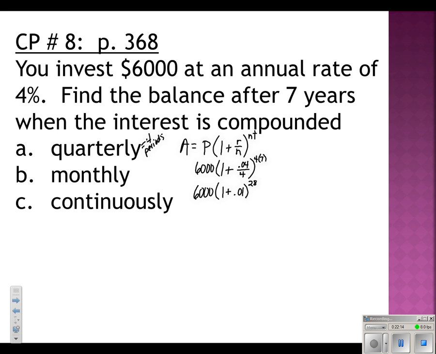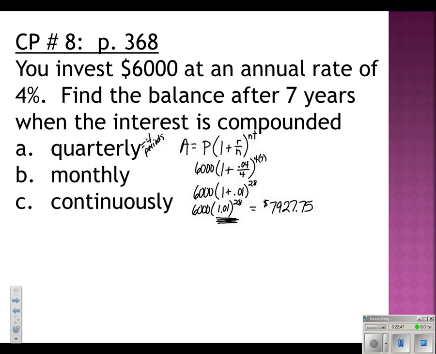Remember, when you use your calculator, you need to do your exponent first, so that 1 plus 0.01 gives us 1.01 in the parentheses. Do this first. Do 1.01 to the 28th power and then multiply by 6,000. And we end up earning this much money. So you punch that through your calculator and see if you match me.